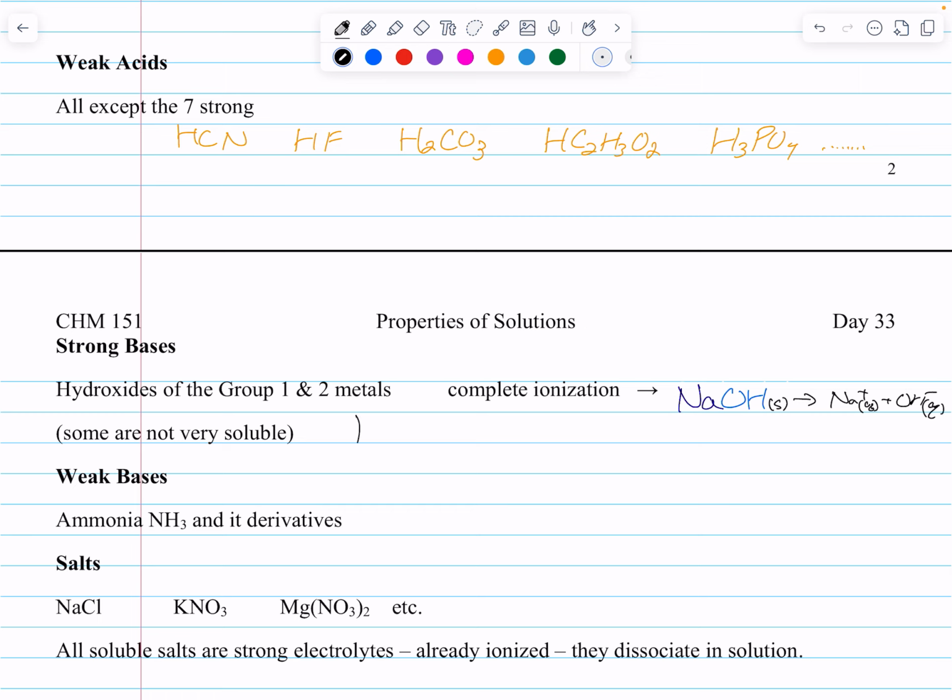So what are they? It's lithium hydroxide, sodium hydroxide, potassium hydroxide, we got rubidium hydroxide and cesium hydroxide.